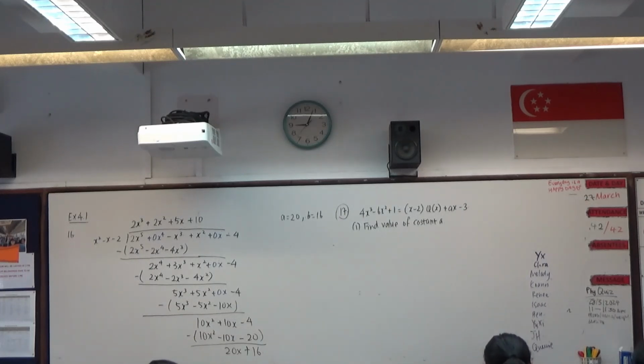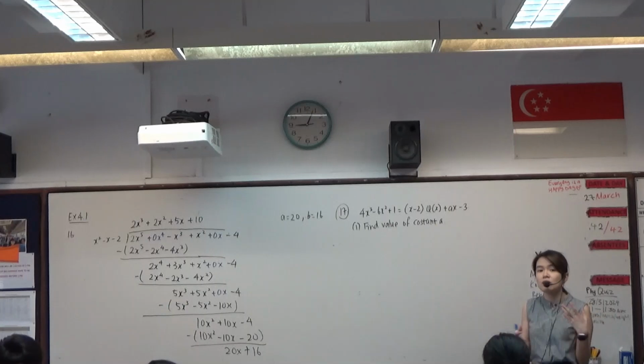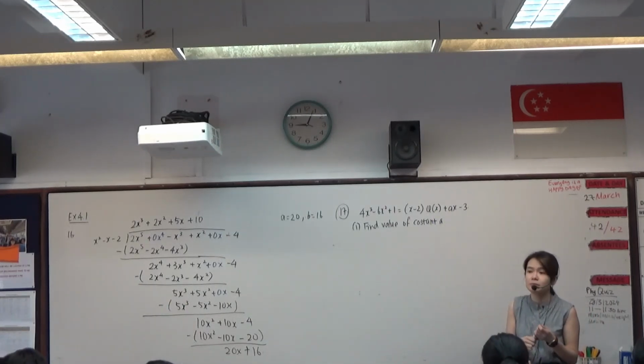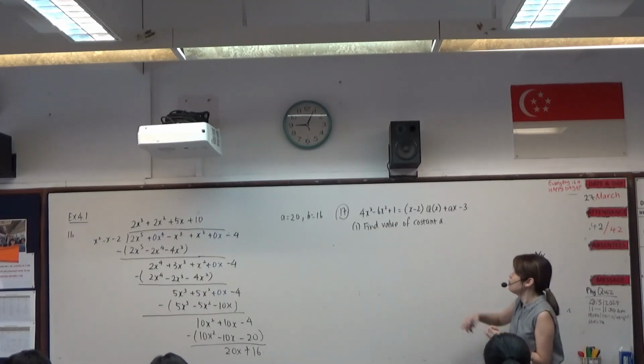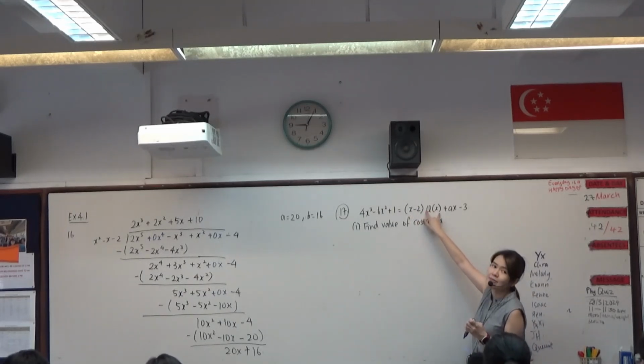You don't know what is Q(x). So to try to actually do your expansion method, it will not work, because you cannot do any form of expansion since you don't have this polynomial Q(x) over here. You can only rely on one method, that is by substituting suitable values. So we will need to substitute in x equals 2, so that over here is 0. 0 times this polynomial will be 0 already.